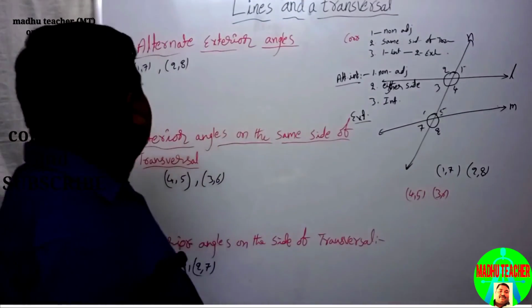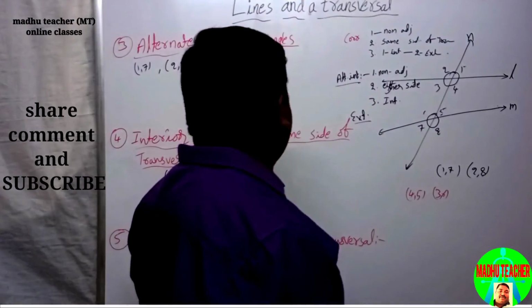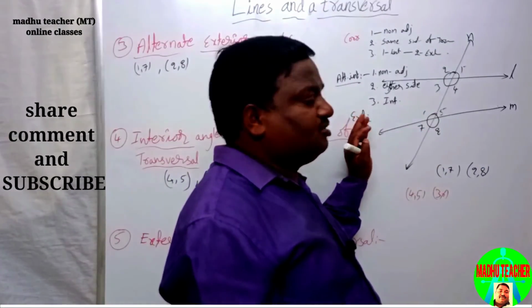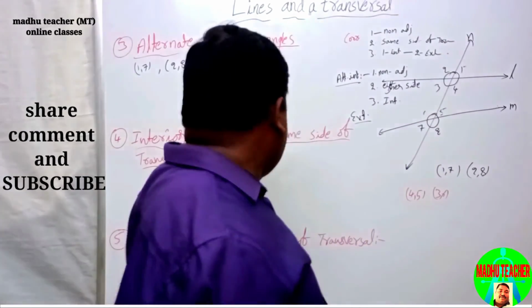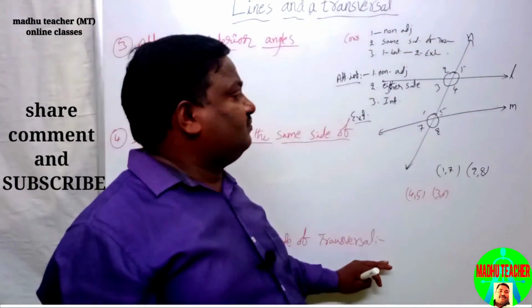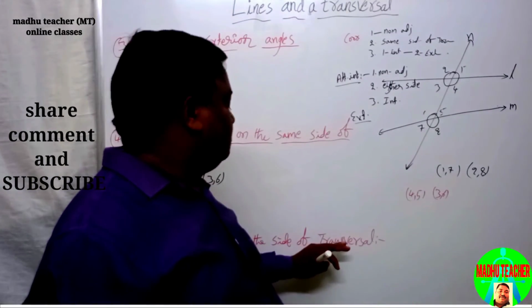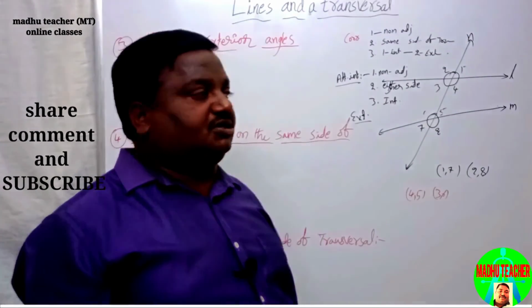The fourth is interior angles on the same side of the transversal: both are interior and both are on the same side. And exterior angles on the same side of the transversal: both are exterior and both are on the same side.